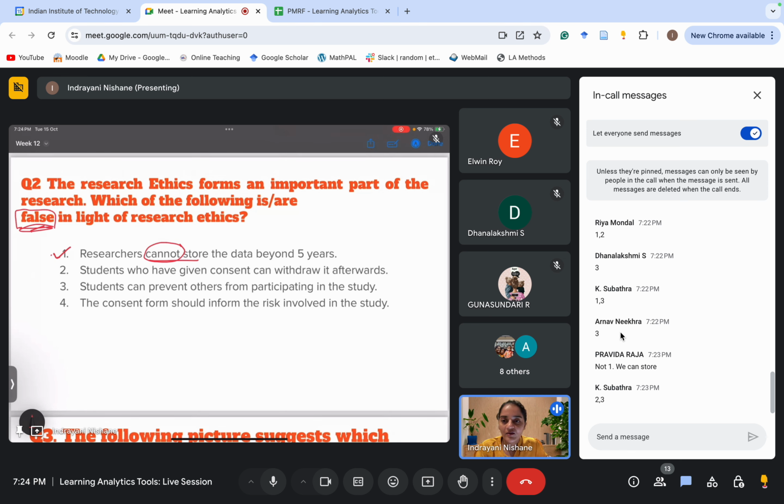We are talking about which of the statements are false for research ethics. So statement 2 says students who have given consent can withdraw it afterwards. Is this true? Does this come under research ethics, or it doesn't come? Is it ethical to allow students who have given consent to withdraw?